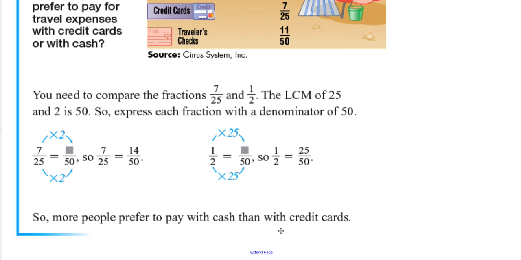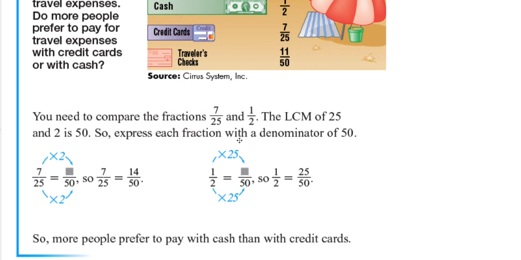Now, another tip in finding LCMs. The LCM of 25 and 2 is 50. How did we get that so fast? Because if you find the prime factors of 25, they are 5 times 5.